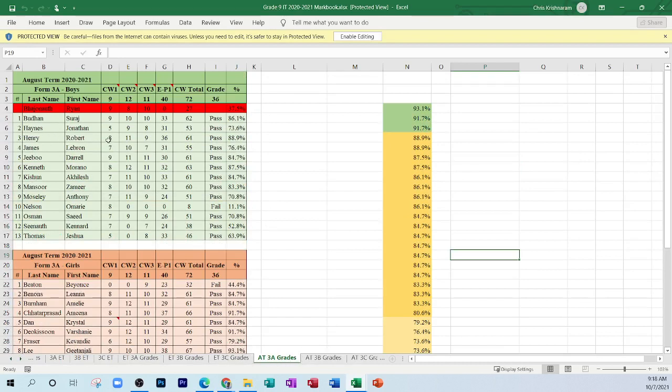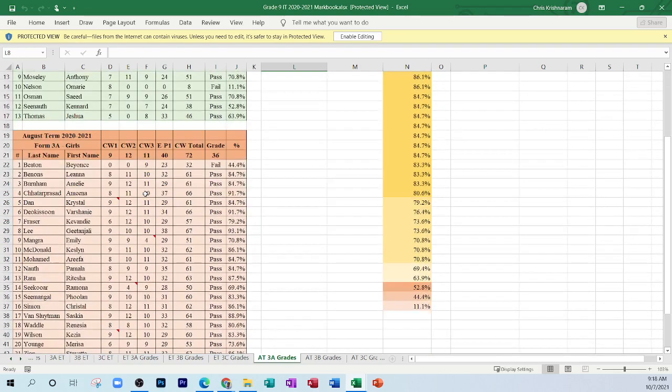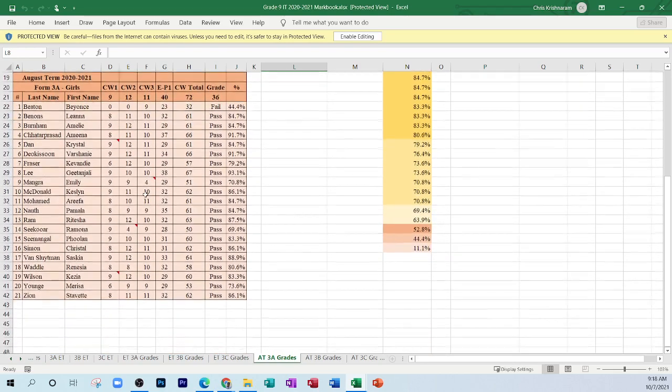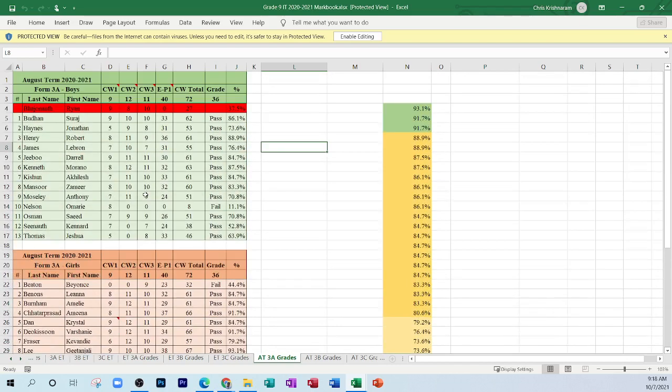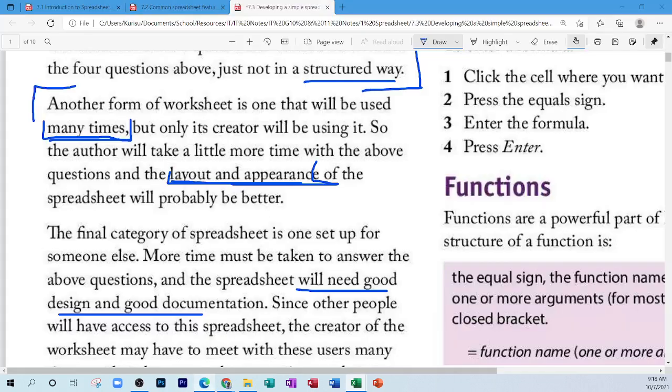In this case, I would have had to think about how am I going to design this spreadsheet so that the data is organized, it has a neat layout so that I can neatly put in my information, so that I can put in new information that might appear. That deals with planning. So if you're going to constantly be using a spreadsheet, you need to think of how I can put it in such a way that it can be used further in the future.